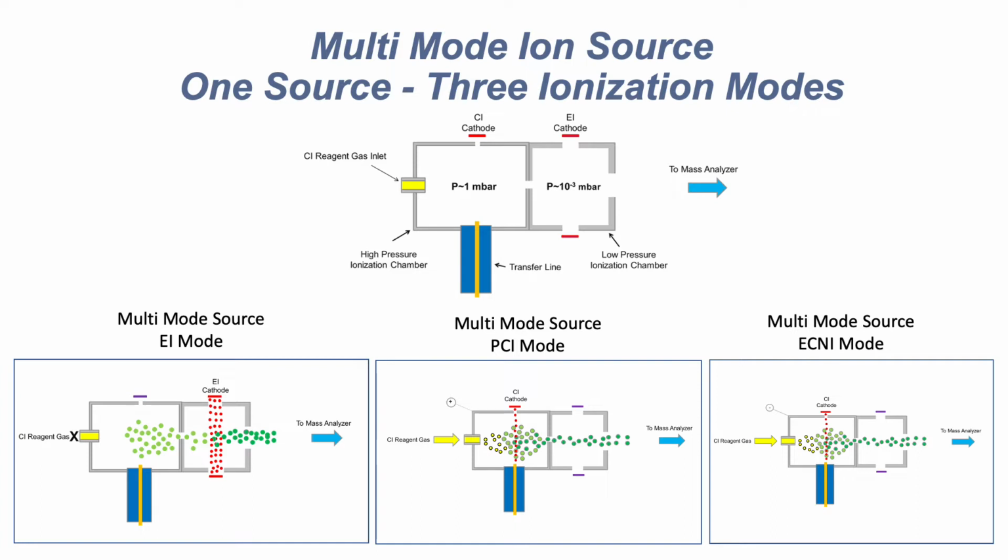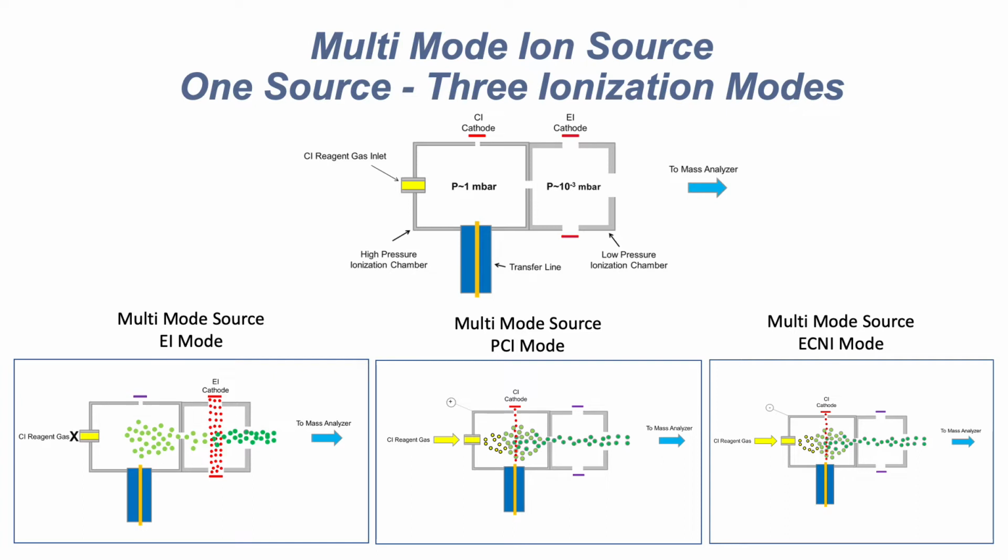If you would like to carry out chemical ionization analysis, you open the orifice for the chemical ionization reagent gas at the left side, and you do ionization in the left part of the ion source with a higher pressure due to reagent gas, and you get either positive chemical ionization reactions or electron capture negative ionization mode you use.